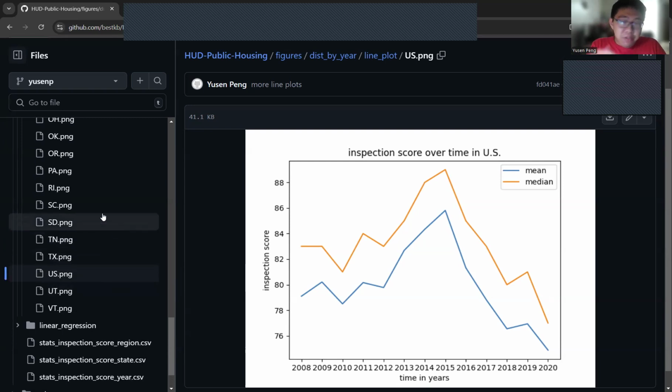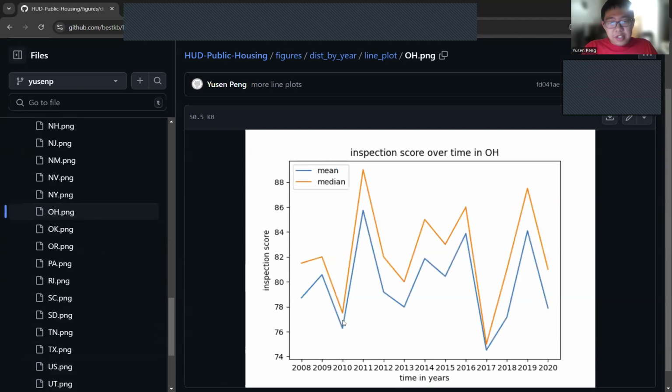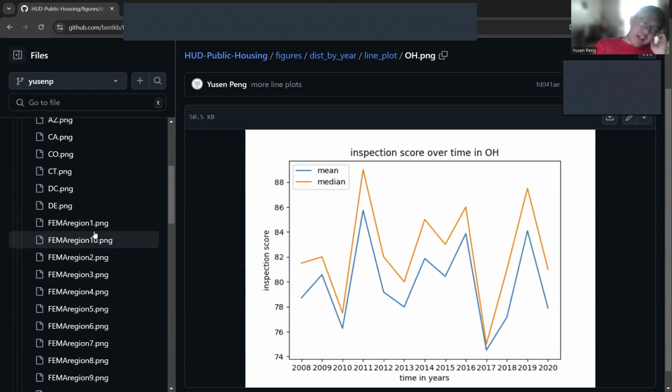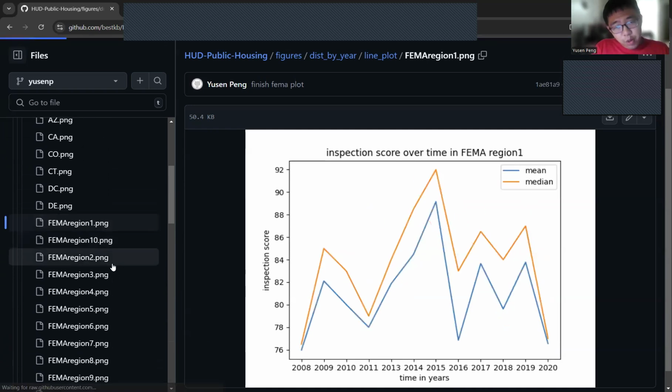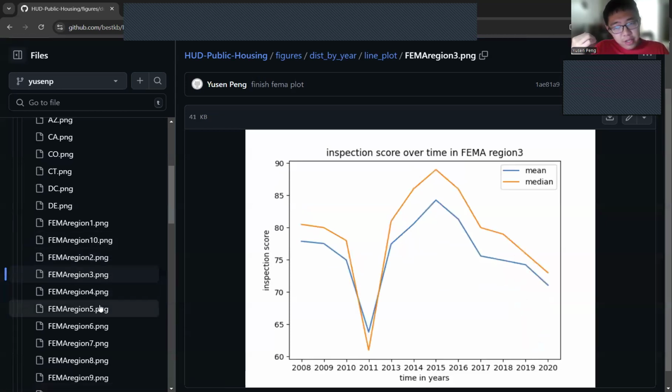We also have the plots for other states, say Ohio. This is the inspection score over time in Ohio. In different years, we have different inspection scores. But more importantly, we already have the data for FEMA regions too. For every single FEMA region, we already know the inspection score over time. For different regions, it could be very different.